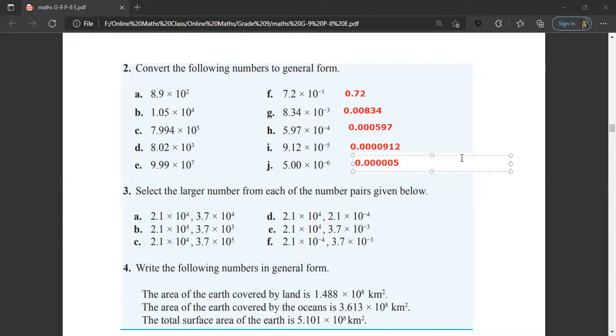Yes, good. So now it's time to go for the third one. Yes, start. Third one.